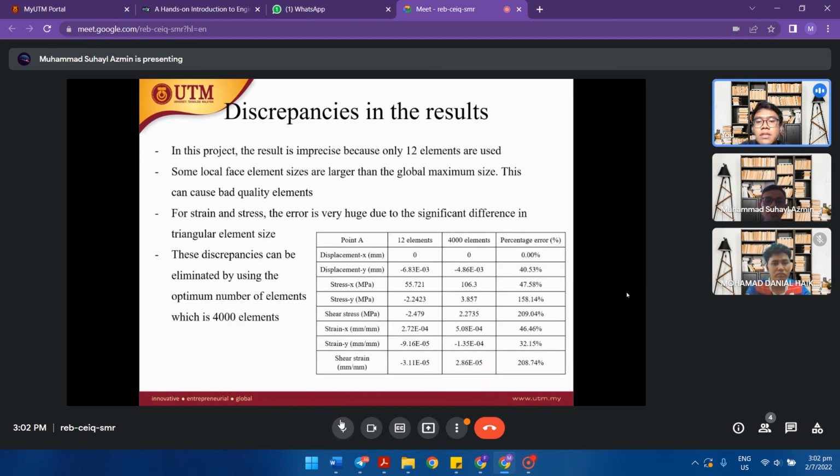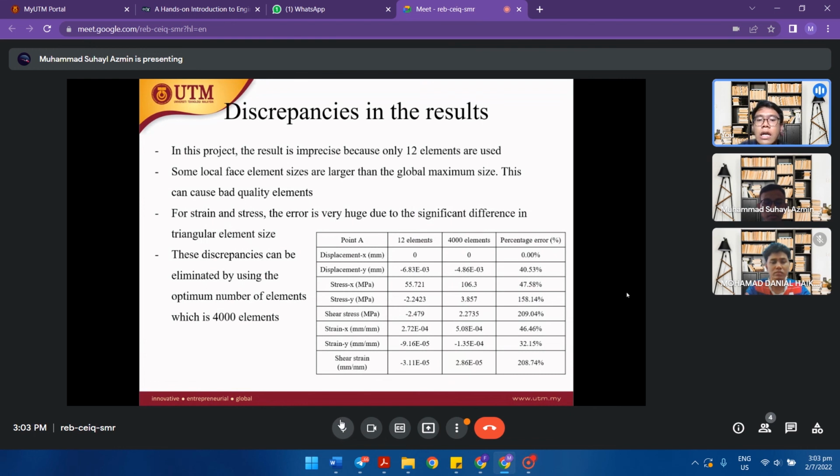For discrepancies, the result is imprecise in this project because only 12 elements are used. So, the local element size is larger than the global maximum size. This will cause bad quality elements. The error is huge due to the significant difference in triangular element size.